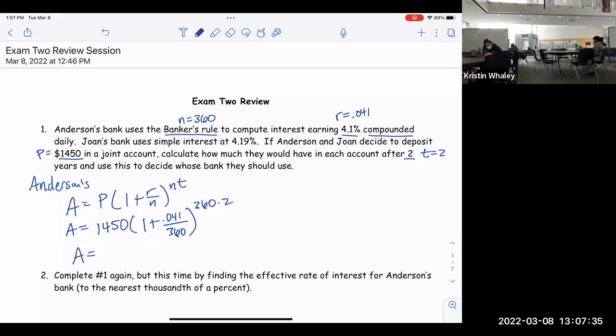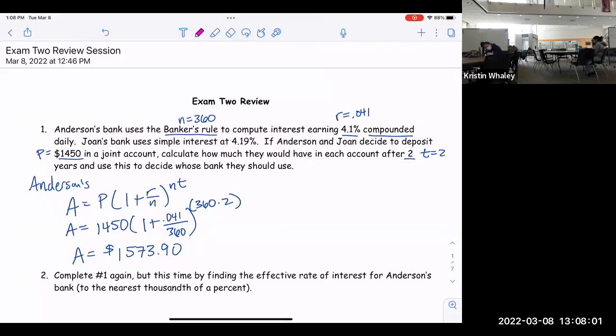I'd substitute that into the calculator. When you put this in the calculator, if you put it in all at once, you would want to put an extra parentheses around that exponent. And we should get $1,573.90 if we round that to the nearest cent.